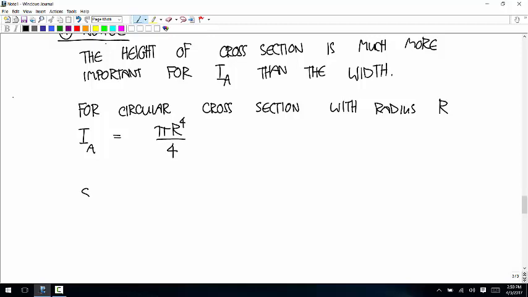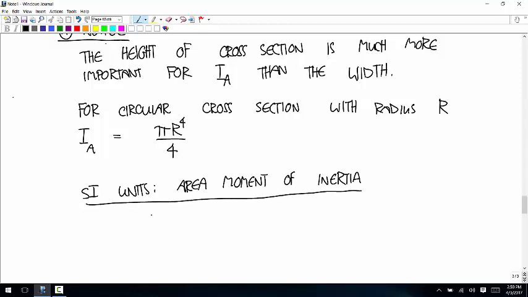And the last thing, just the units. You could get this from the integral definition, but the SI units for area moment of inertia are meters to the fourth.